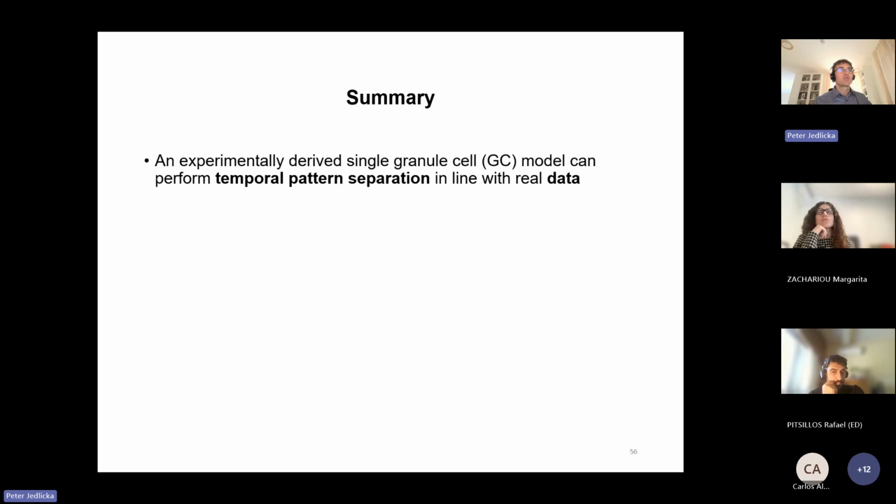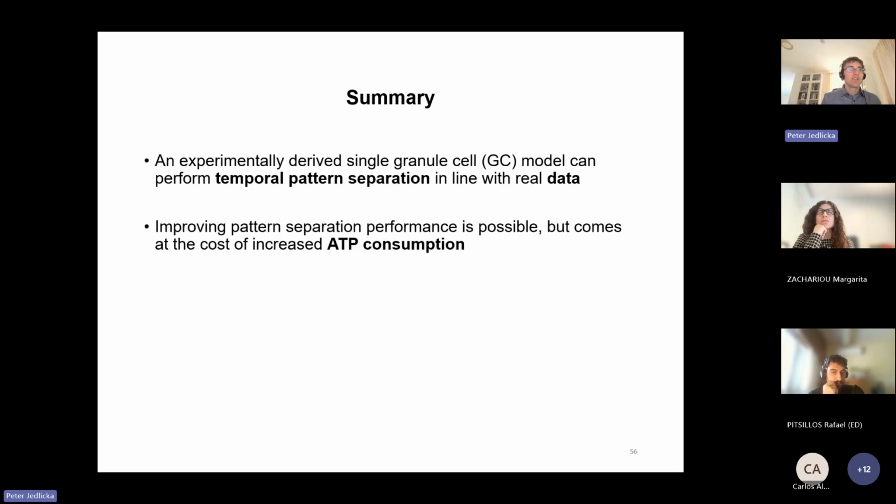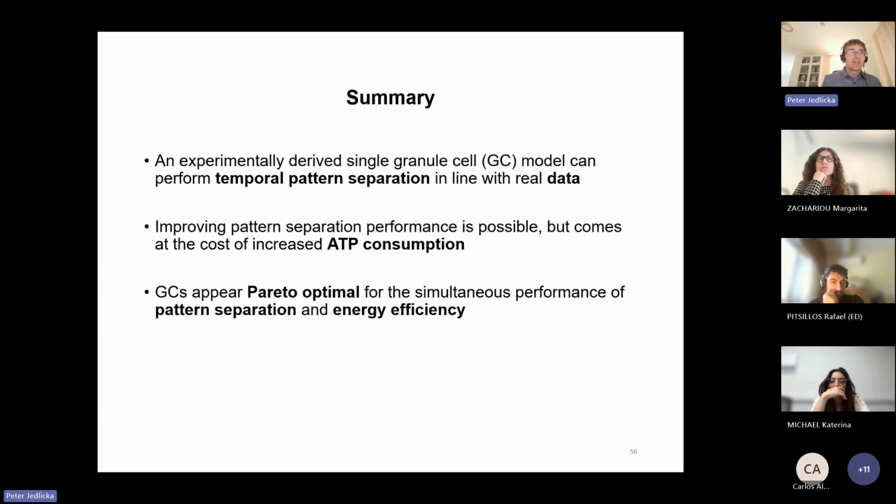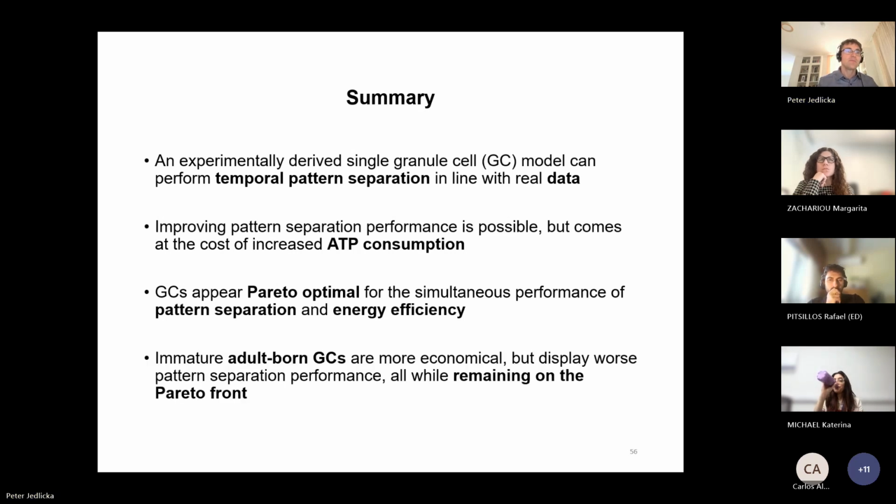Okay, so I would like to summarize that the experimentally derived granule cell model can perform pattern separation in line with experimental data. Pattern separation can be costly, and granule cells seem to be Pareto optimal for the combination of pattern separation and energy efficiency.